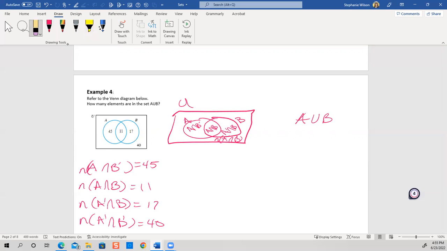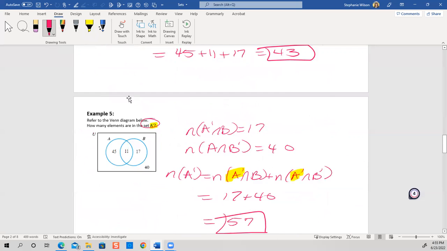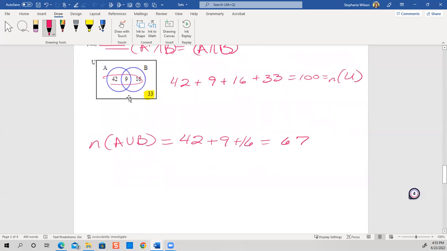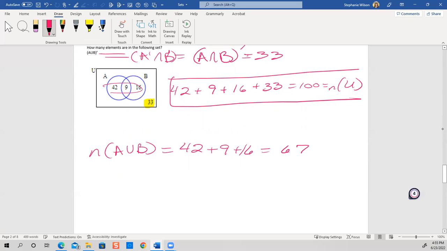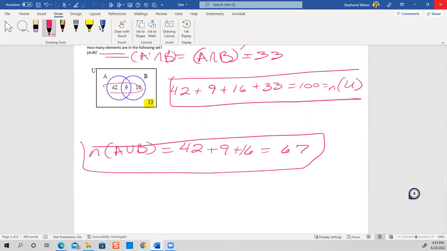Let me rewrite that, just in case you didn't catch it. Okay, there we go. So that one was not hard. We really didn't have to do all that work, but the answer to this one here is going to be 33. But I wanted to show you how to find the total, if you haven't already figured that out, and how we can find the A union B if we needed to.